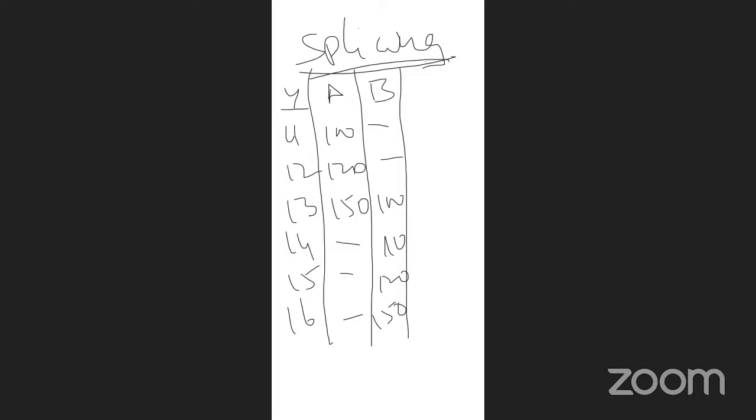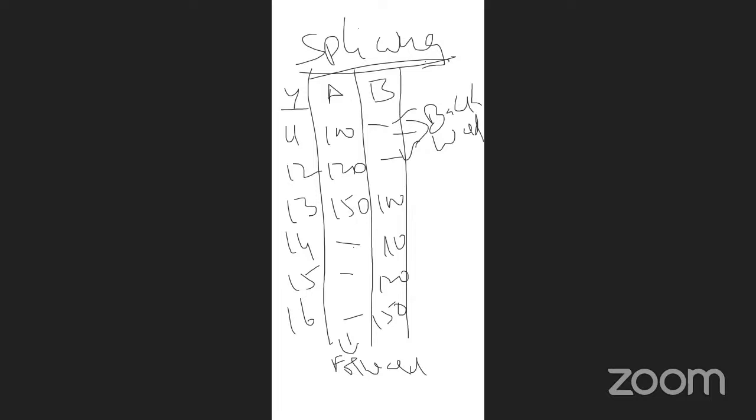Now, see, if you're calculating series A, whatever is missing, this is called forward splicing. And series B, where you are calculating the missing ones, this is backward splicing.